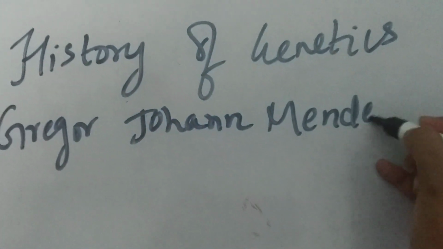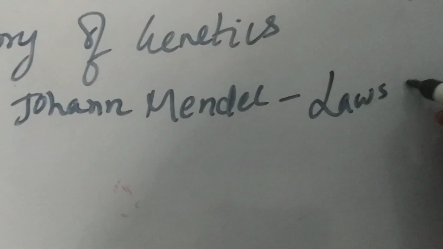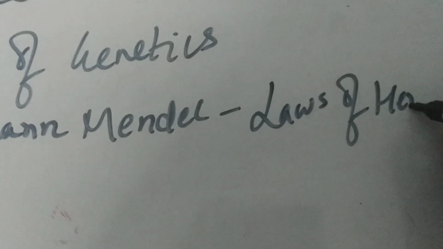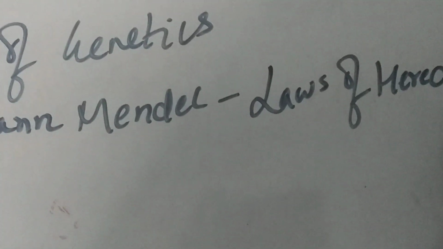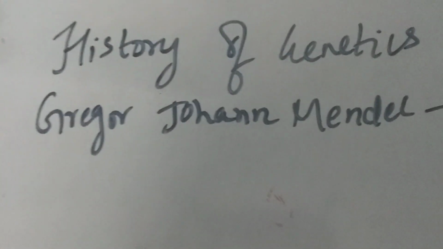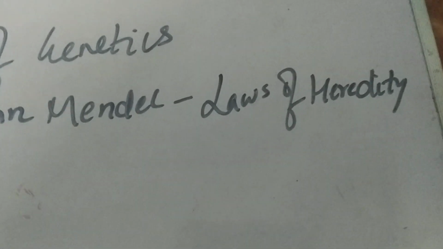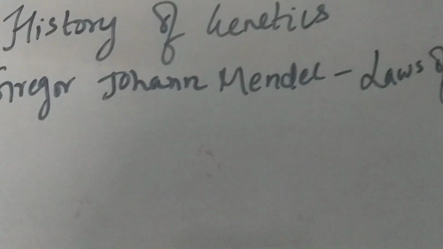He is the father of genetics because he laid the universal laws of heredity that you have all studied, right? So the story of genetics actually begins with Gregor Johann Mendel, who gave the laws of heredity to us.